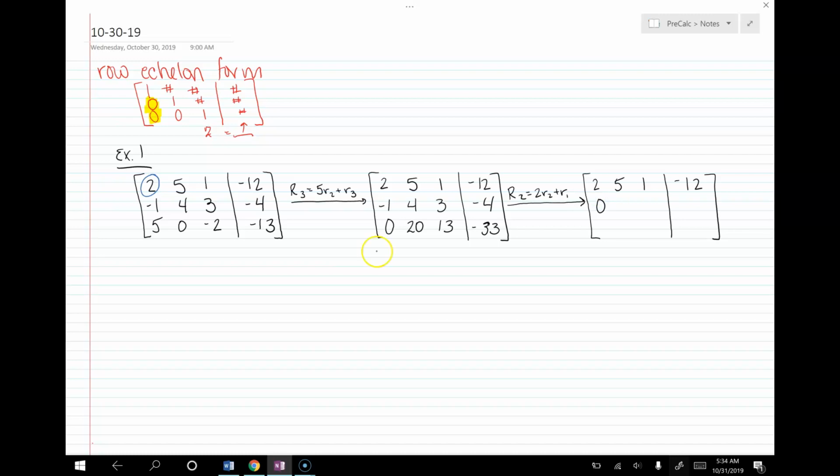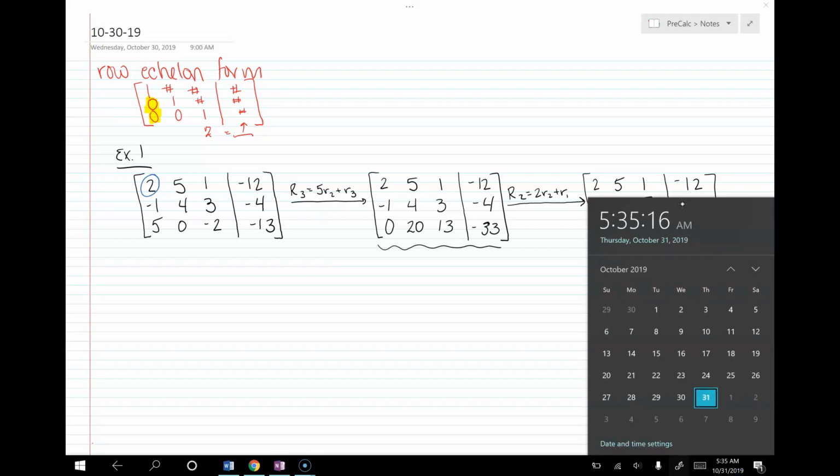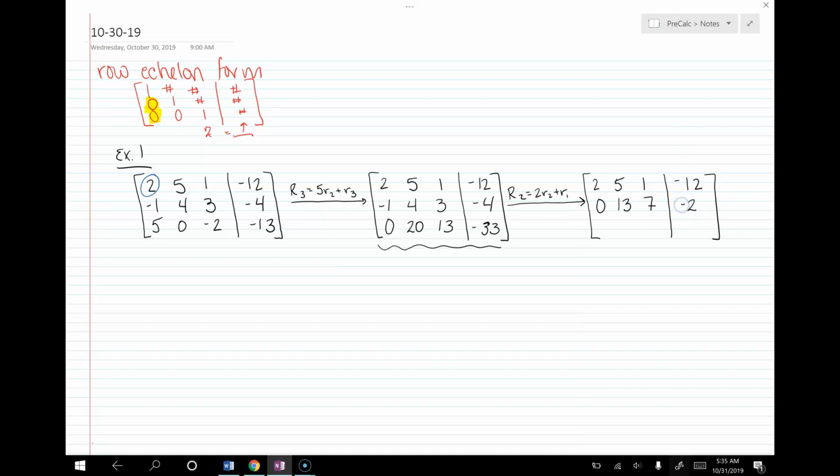Remember, we're working from the old matrix still. 2 times 4 is 8, plus 5 is 13. And then 2 times 3 is 6, plus 1 gives us 7. And 2 times negative 4 is negative 8, plus negative 12 is negative 20.